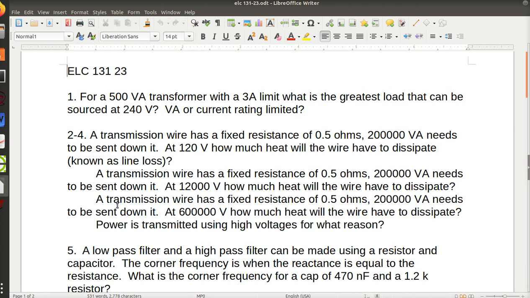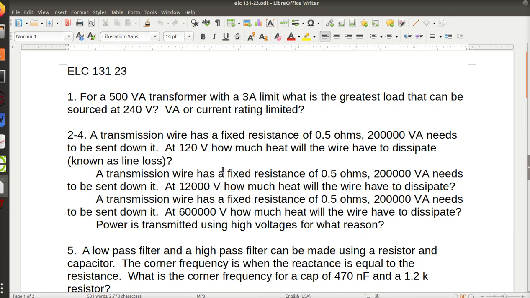And then we will use the same 0.5 ohms, the same 200,000 VA, but now we're going to use 600,000 volts. So 200,000 divided by 600,000 gives you the current. That squared times 0.5 will give you the line loss at the higher voltage.